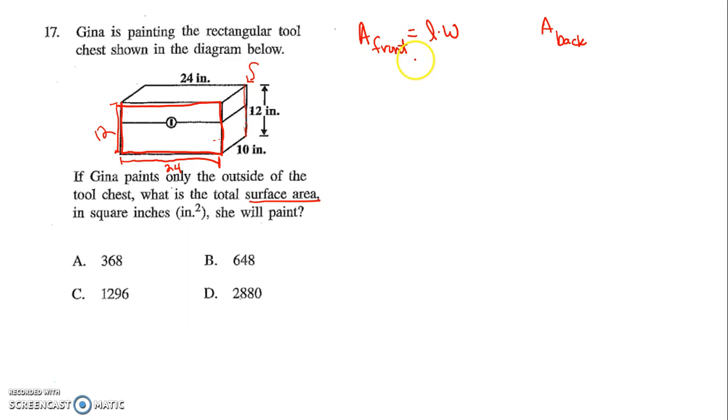So you have 24 times 12 for the area of the front. 12 times 12 is 144, so 12 times 24 better be 288. And what will the area of the back be? Well, the back had better match, so the area of the back will also be 288 square inches.